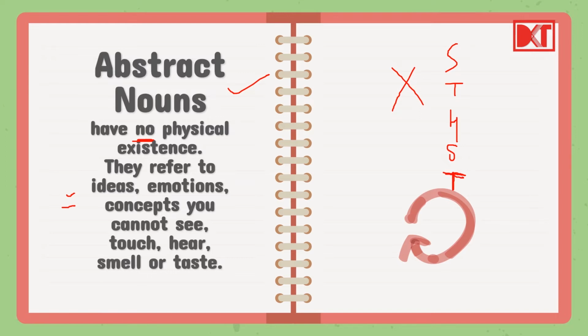So these are those nouns which do not have any physical existence. They are intangible in nature. You cannot really touch them or smell them or taste them. All right, we will see the examples and it will be a bit clearer to you.